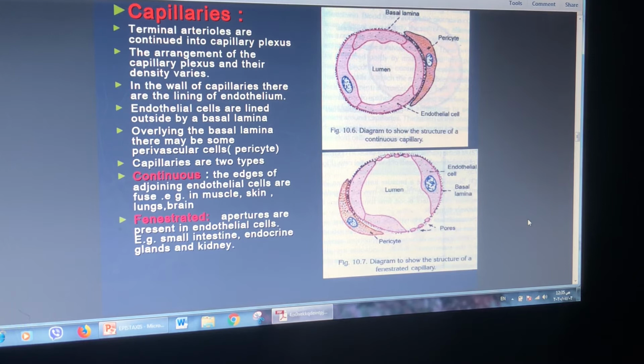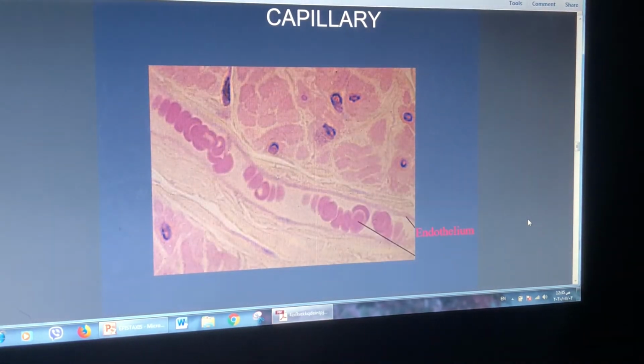In continuous capillaries, the edges of adjoining endothelial cells are fused, like in muscle, skin, lungs, and brain. Fenestrations are present in the endothelial cells of fenestrated capillaries, like in the small intestine, endocrine glands, and kidney. Now, this slide shows us a capillary, and this is the endothelium.